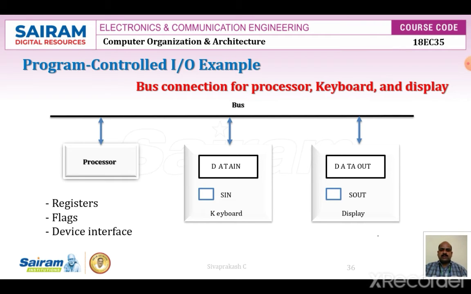The buffer registers data in and data out, and the status flags SIN and SOUT, are part of circuitry commonly known as device interfaces. In this way the operation is performed. This is called the program controlled IO example.